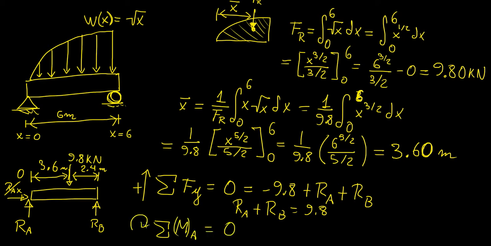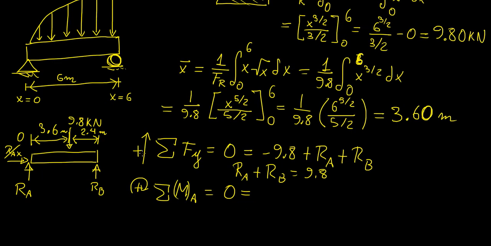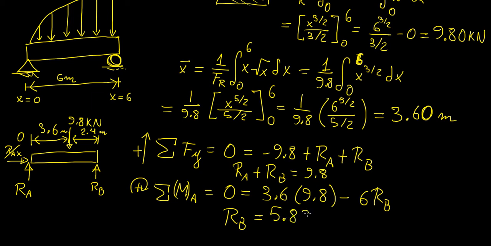Let's assume this direction is positive. We have 3.6 times 9.8, which is in this direction, so that's positive, and then minus 6 times RB. So RB is equal to 3.6 times 9.8 divided by 6, which is 5.88 kilonewtons.